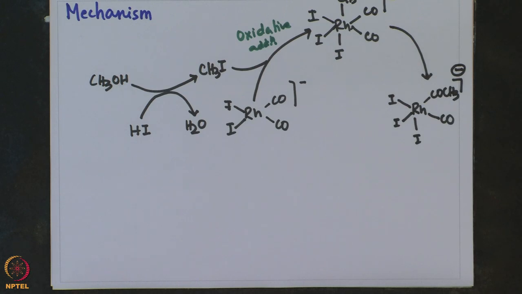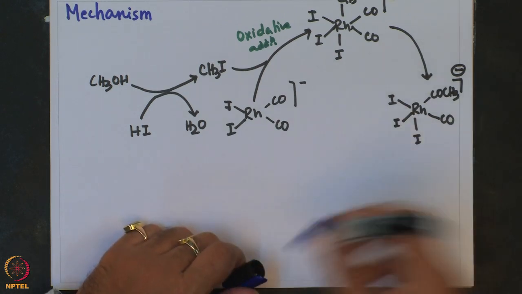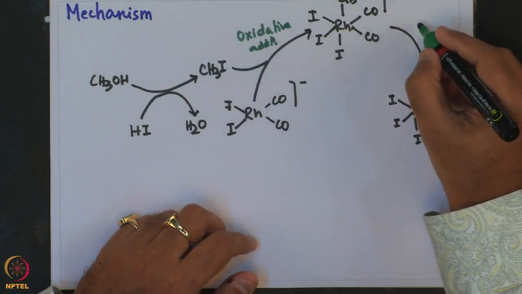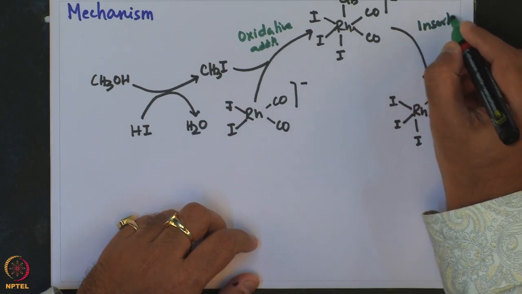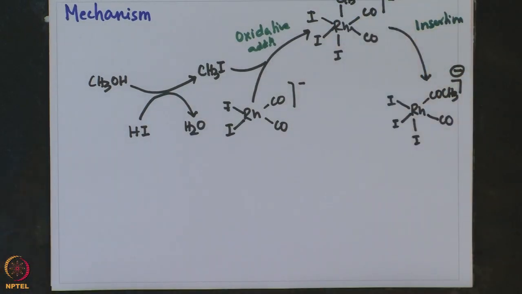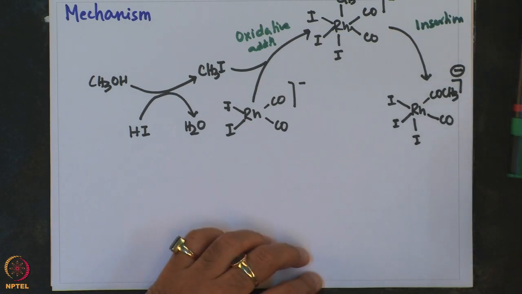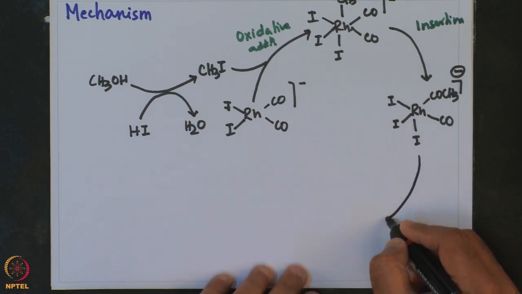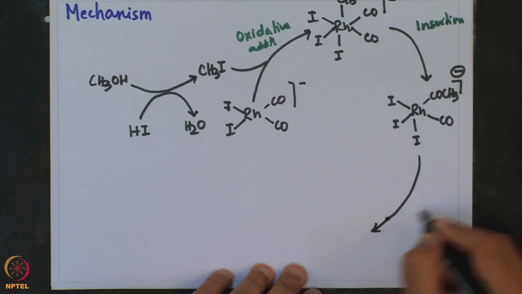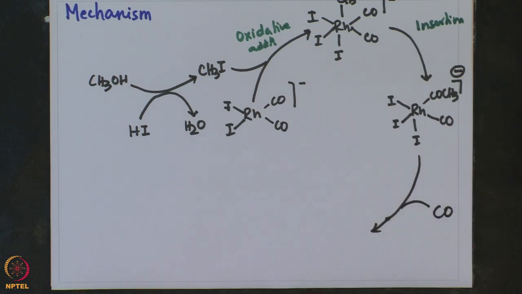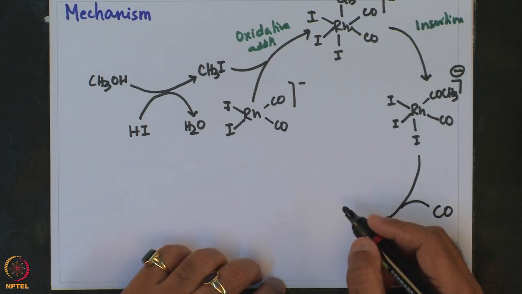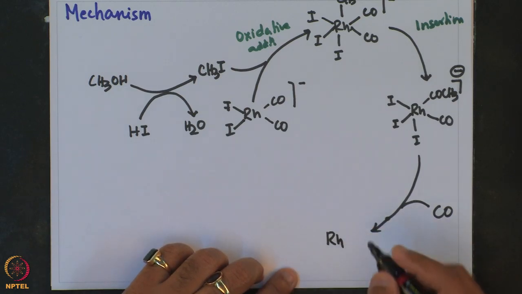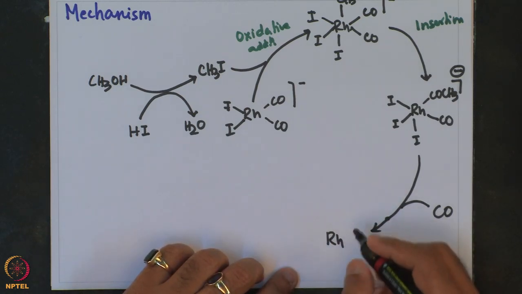So, this is insertion, or one can call it migratory insertion of carbonyl into the rhodium methyl bond, and the third step is CO coordination in the vacant site to give rhodium dicarbonyl triiodide acetyl compound.